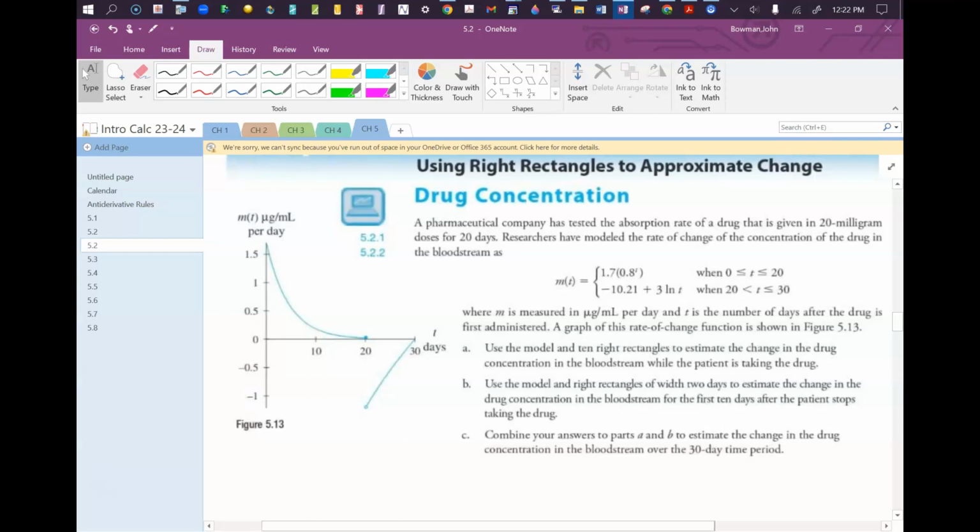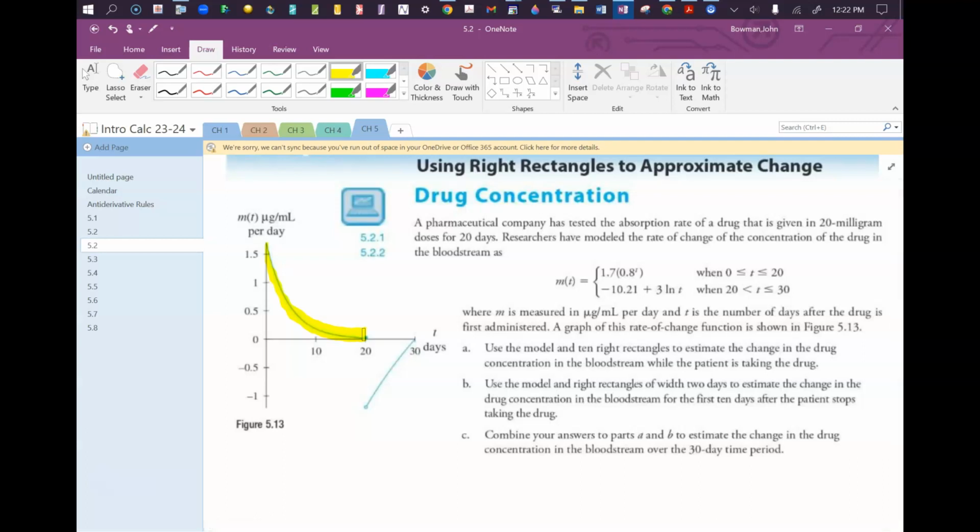So we have this piecewise function, and this piecewise function represents the rate of change of the concentration of drug in somebody's bloodstream. And the first part of that function, I'm going to highlight in yellow, occurs when somebody is taking the drug.